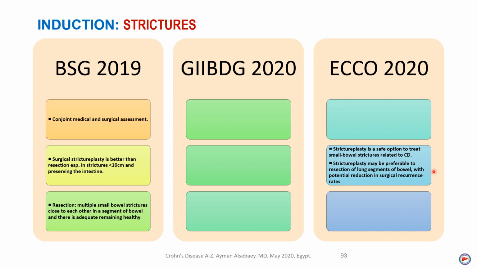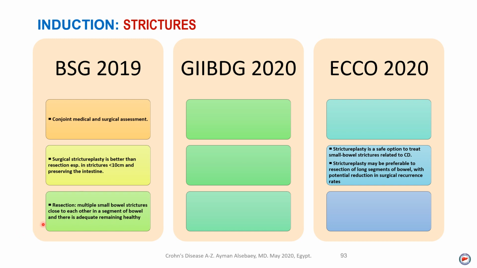Surgical treatment, you may repair the stricture without excision of the intestine, and this is called strictureplasty. Or you may excise the intestine, but it is not preferred. The BSG said surgical strictureplasty is better than resection, especially if the stricture is less than 10 centimeters.